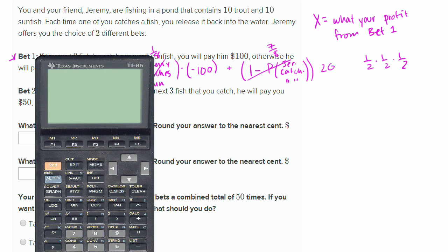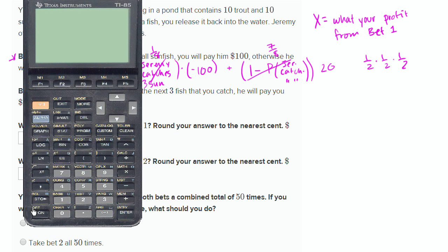And so this gets us to your expected profit here. There's a 1/8 probability that you lose $100, so times negative 100. But then there is a 7/8 chance that you get $20. I'll just put parentheses here to make it a little clearer.